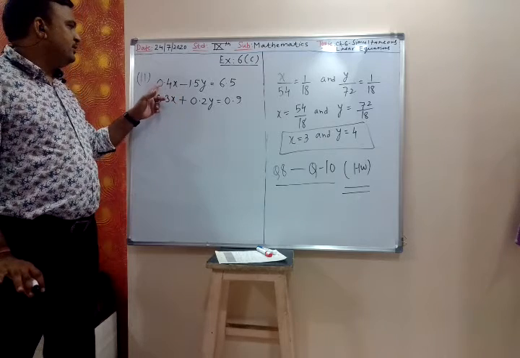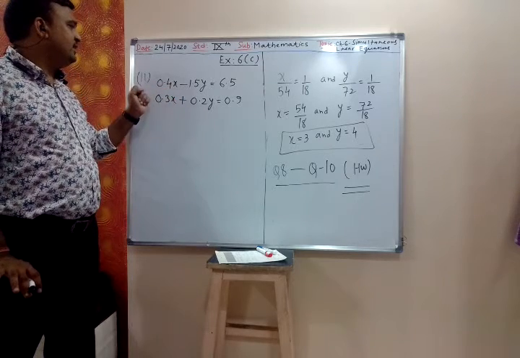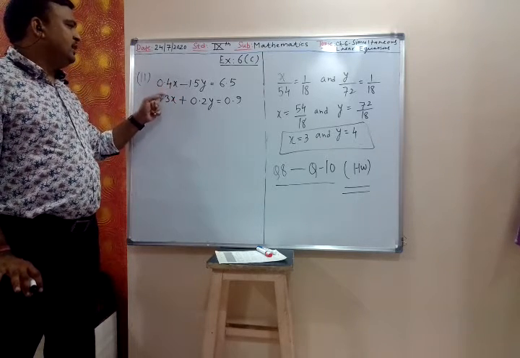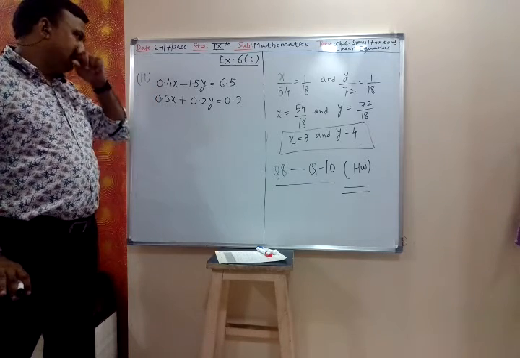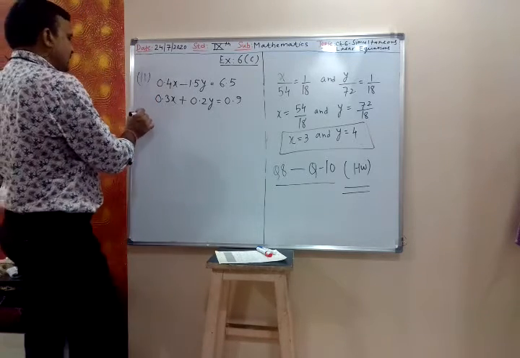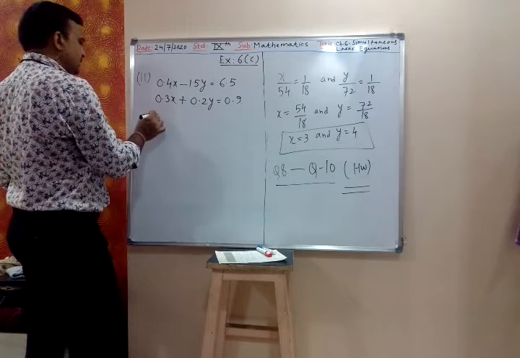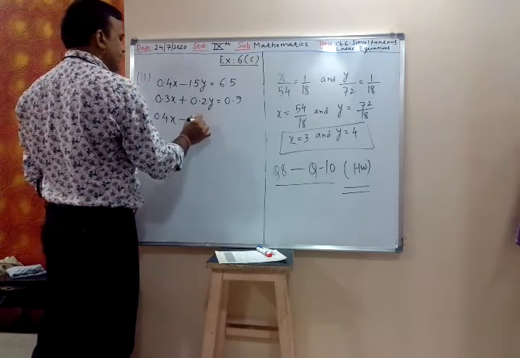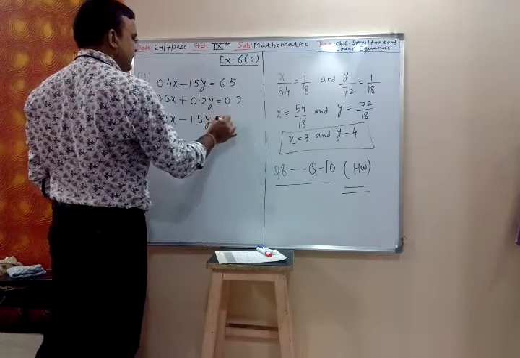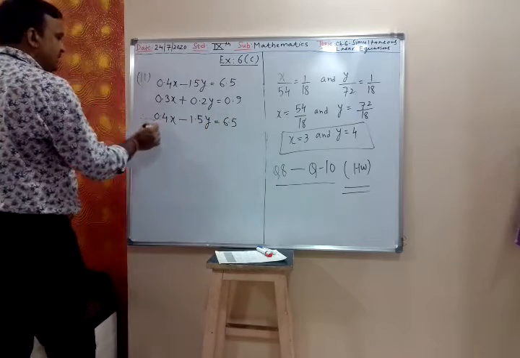So there I have written 0.4x as 4 upon 10x. I am getting 4x upon 10. So this we write 0.4x minus 1.5y is equal to 6.5. So after decimal there is one digit.